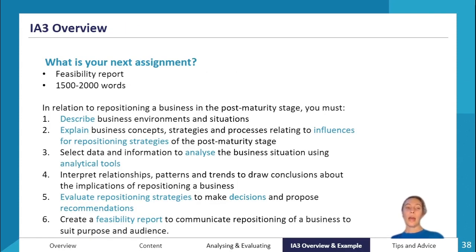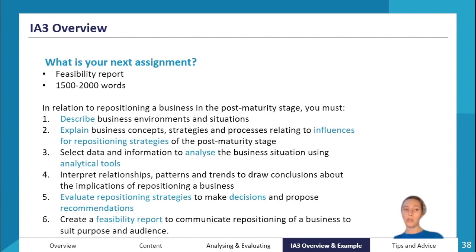So now let's have a look at your IA3, which is going to be a feasibility report. Again, this may be coming up in this next semester, in this next term, or it may be the term after. It all depends on where your school is up to. But regardless, this is still going to be coming your way at some point.